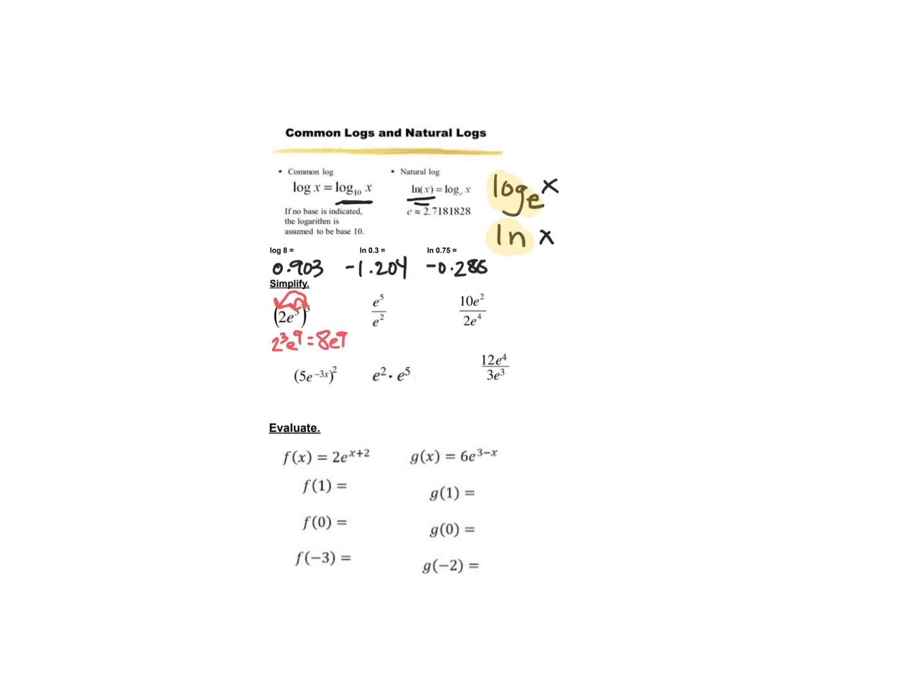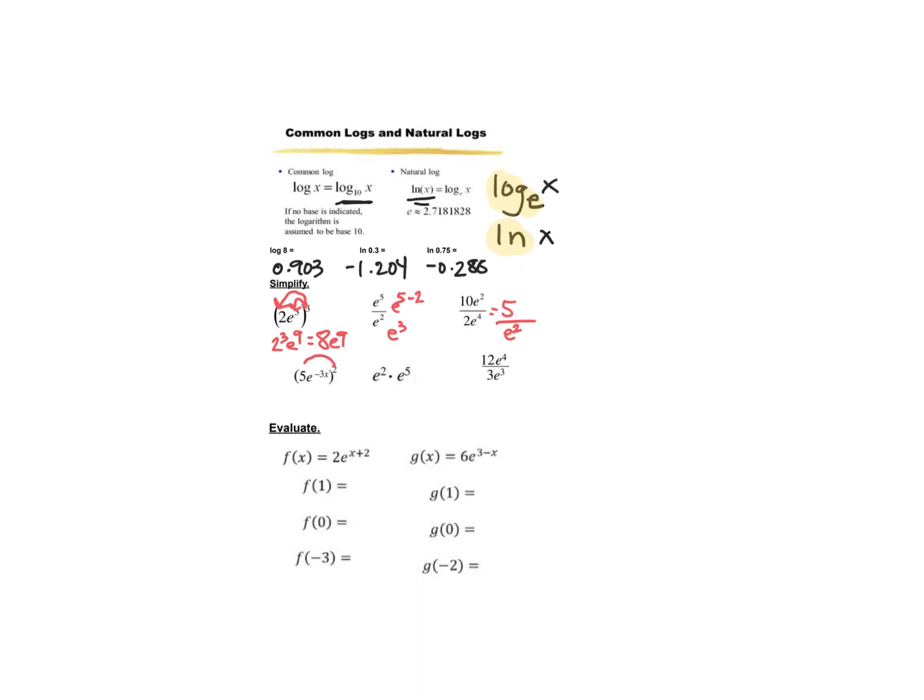This guy, if you remember our rules, anything on top subtracts the exponent on the bottom, so this becomes e to the third power. This one here, I'm going to deal with 10 over 2. 10 over 2 is 5, right? And then e to the second over e to the fourth. What's left over on the bottom is e squared.